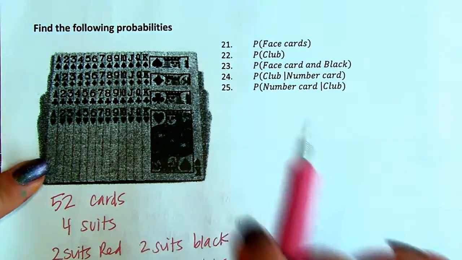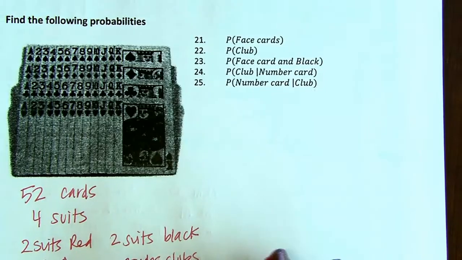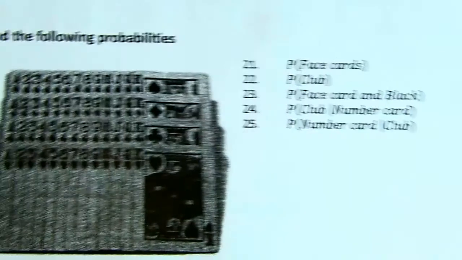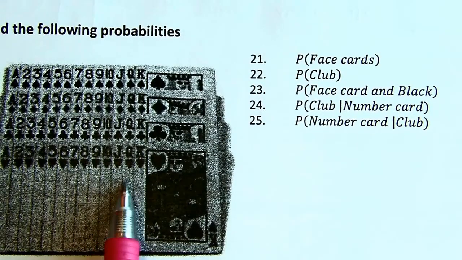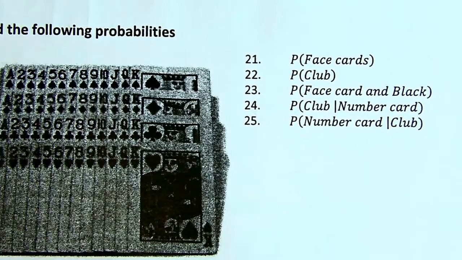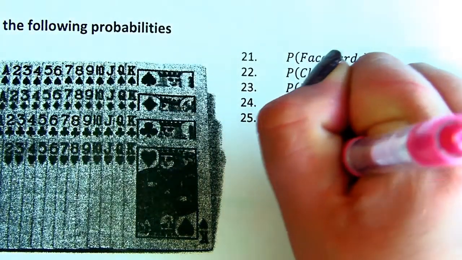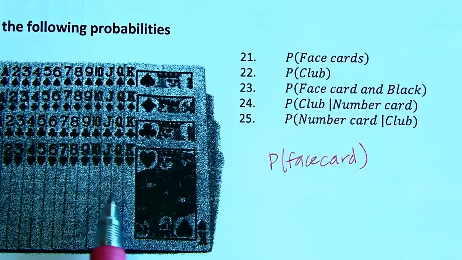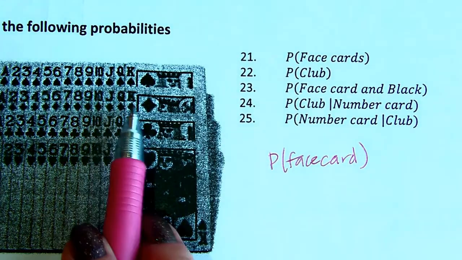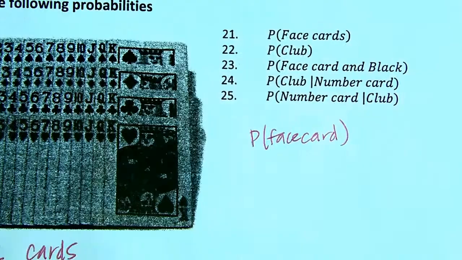The face cards in this case are the cards that have a little face on them. So the jack, queen, and king are the only cards that have a face. All the other ones are numbers. So the probability of a face card: well, I have 3 faces per suit, 3, 6, 9, 12. I have 12 face cards.